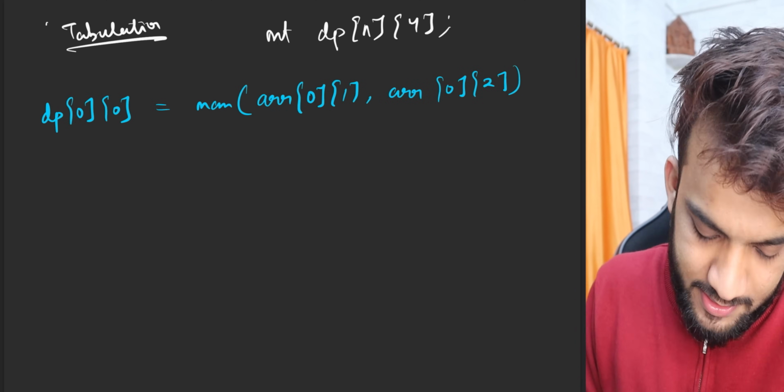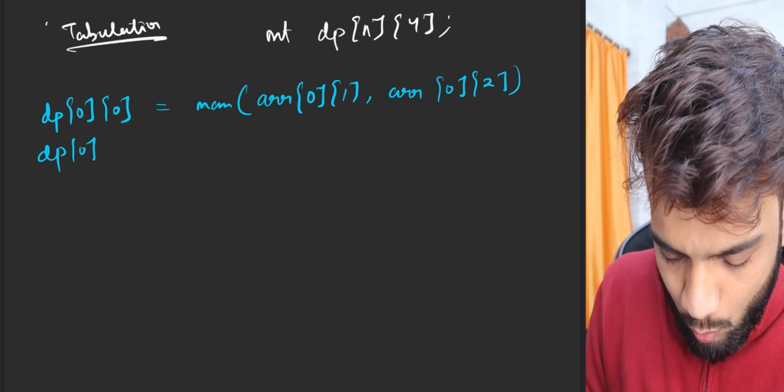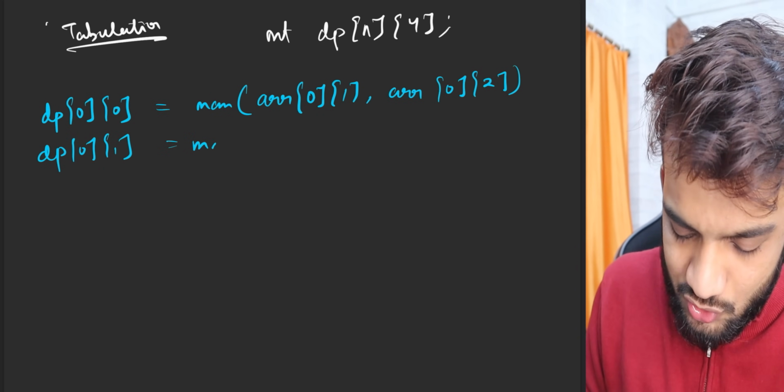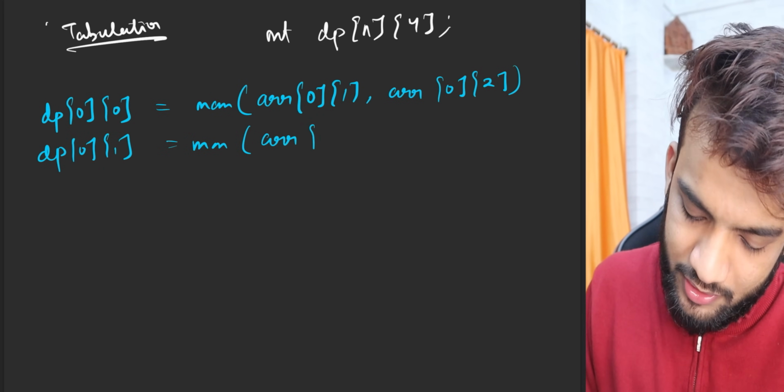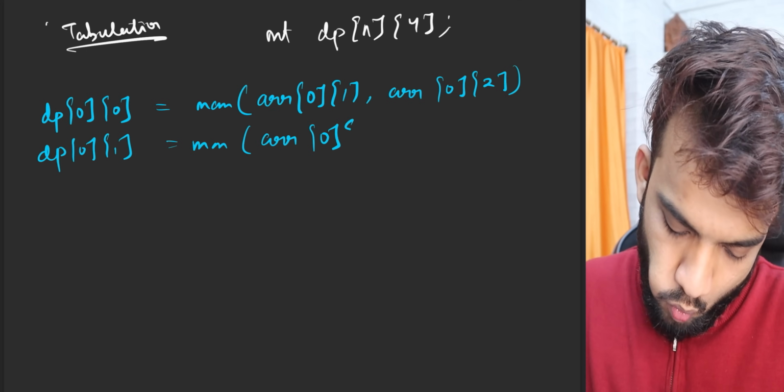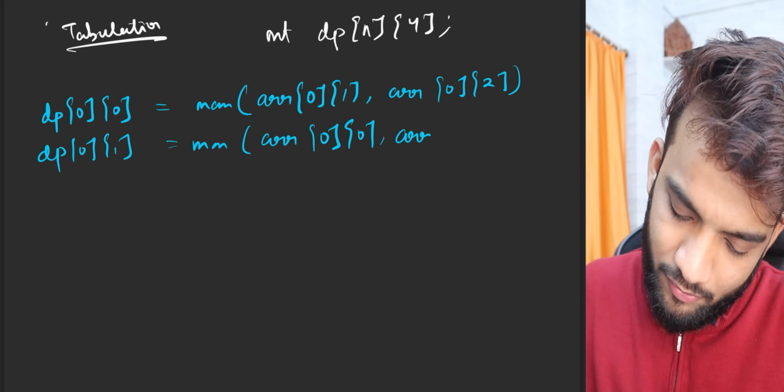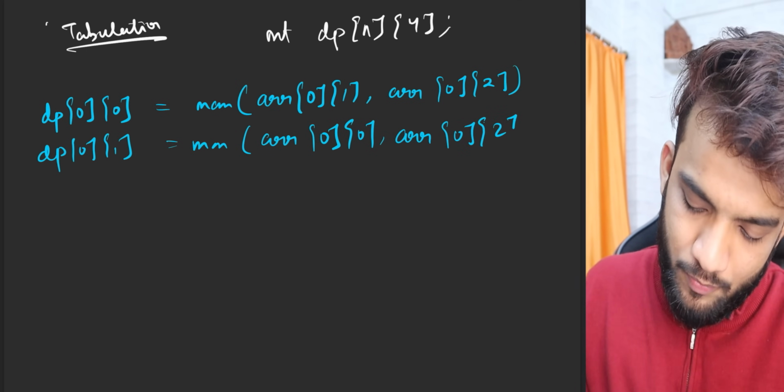Similarly, dp of 0 1 will be max of array of day 0 task 0 and array of day 0 task 2.